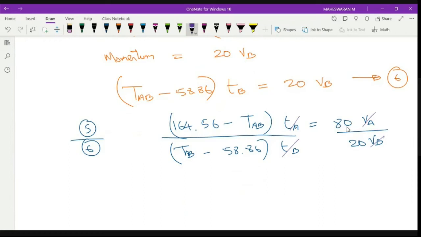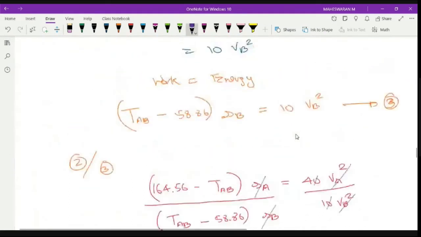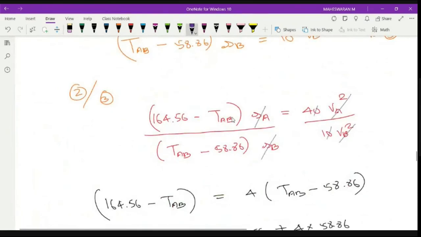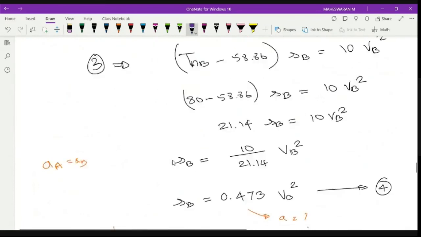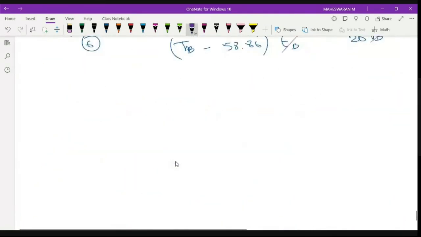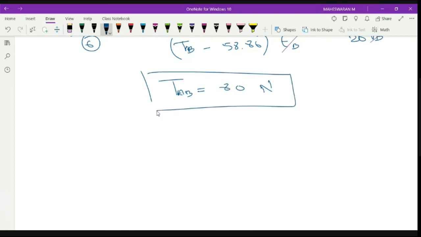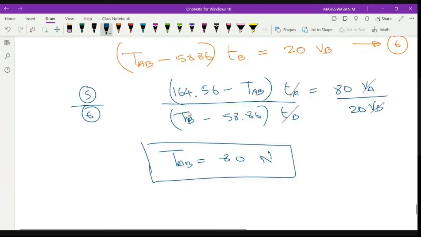So again you will get 4. So cross multiplying, same equation. So the same thing you can see here, right? Same equation, you are getting this 4 divided by whatever it is, right? So in that case I will get the same TAB, no need to derive it again. So I will get TAB is equal to 80, right? Substitute in any one of the equations.